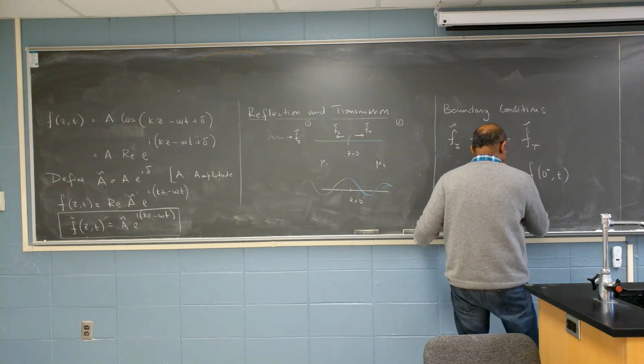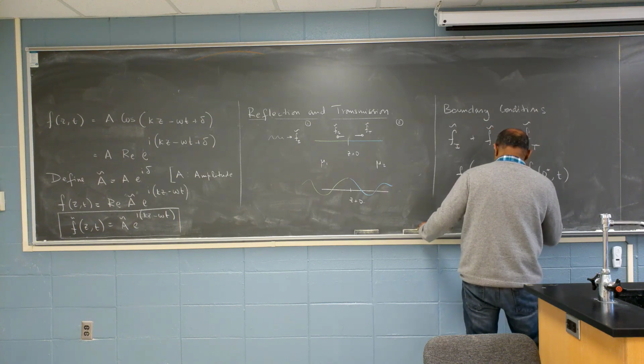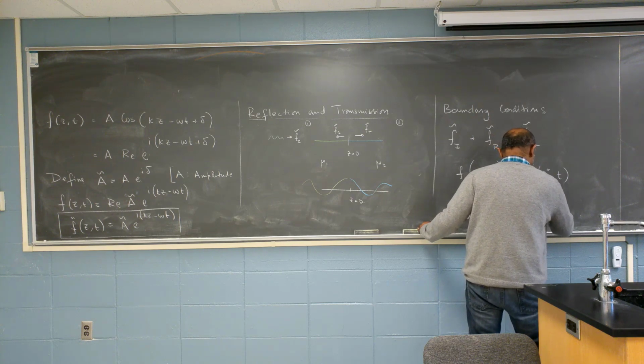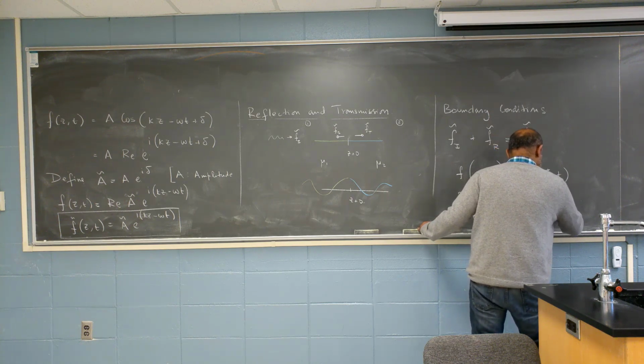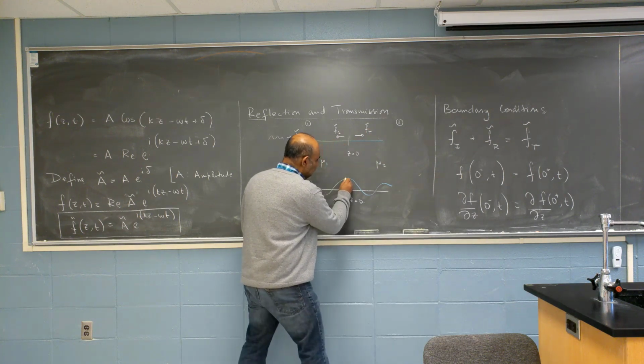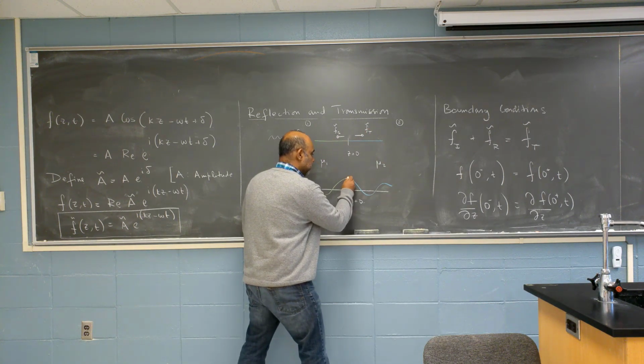And to illustrate when this doesn't happen, I'll do a specific example. See, the derivative here has to be smooth.